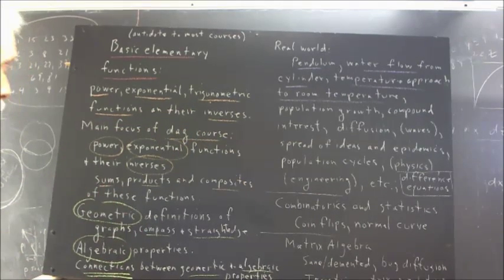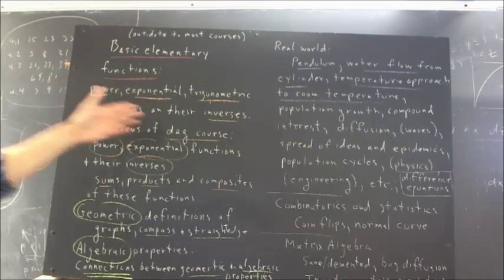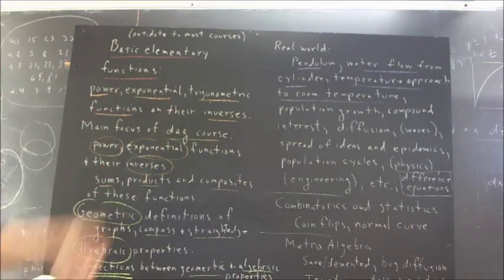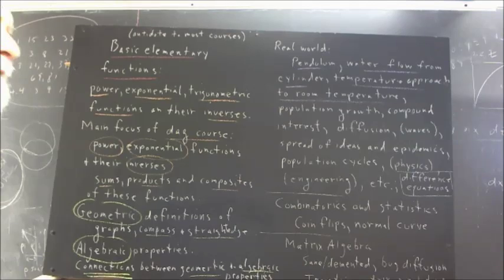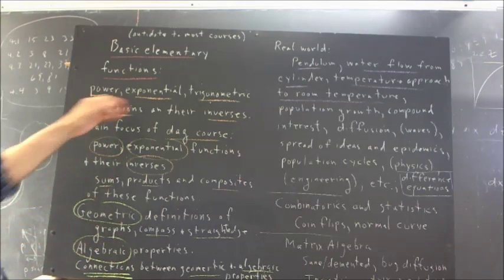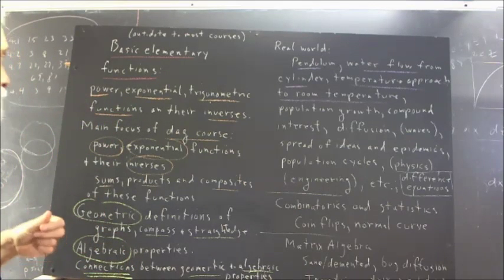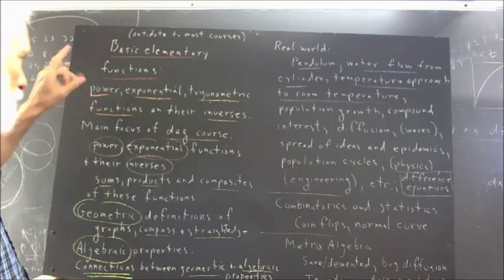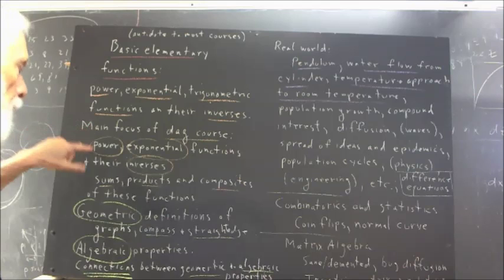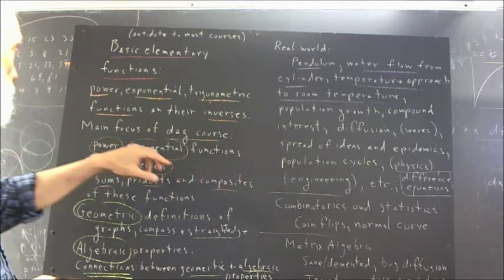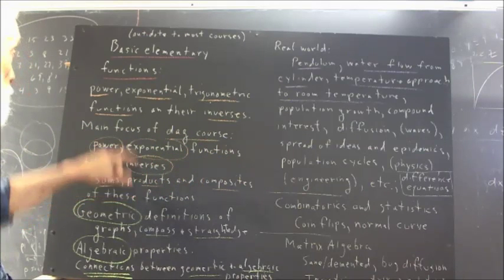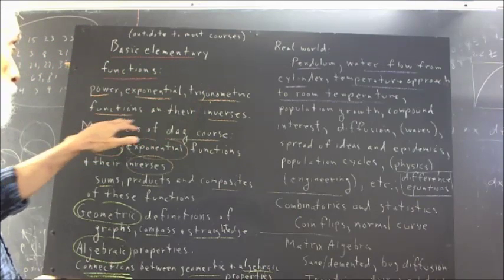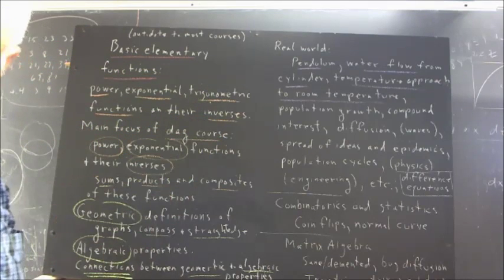They can be constructed rather easily, and once we understand what's going on with power and exponential functions, it's pretty easy to at least get an initial handle on the trigonometric functions. Okay, so we study power and exponential functions in this course. We concentrate on power and exponential functions and their inverses. Again, basic elementary functions are power, exponential, trigonometric functions, and their inverses.